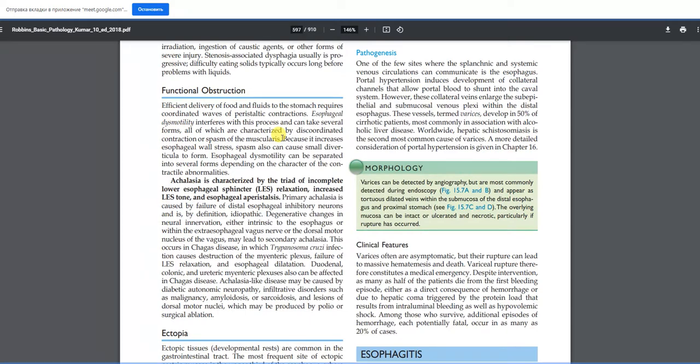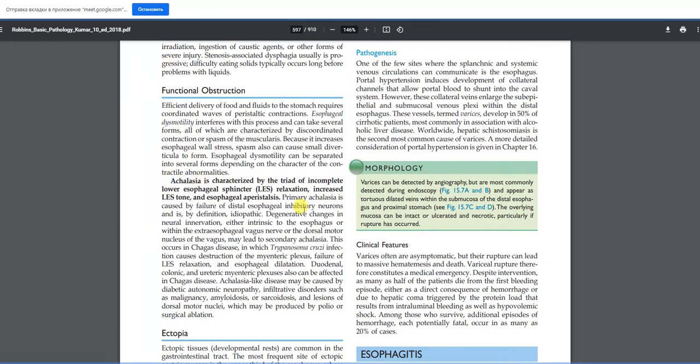Normally the esophagus should contract in the same way as the entire rest of the digestive tract, by peristaltic movements. But if it's not happening, due to stress or due to improper innervation, it might lead to functional obstruction. And in this term, let's talk about achalasia.